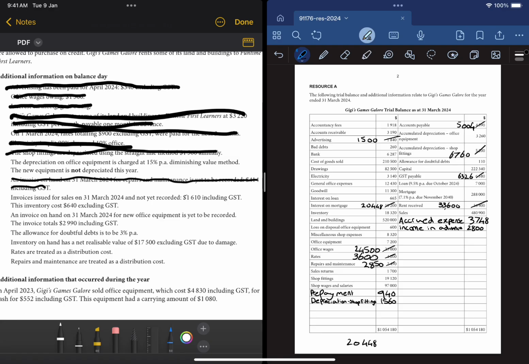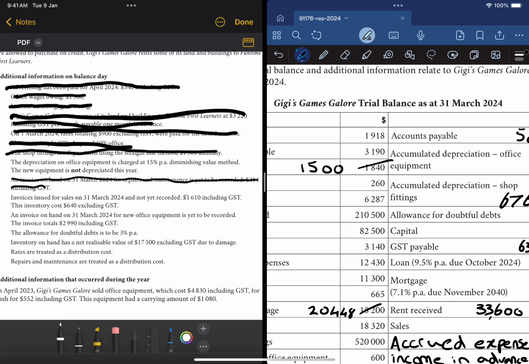Accounts receivable obviously being a debit, we're going to debit a debit, which is going to, sorry, not decrease it, increase it. So 3190 plus 1,610 is going to give us 4,800. So we're going to cross that out there and write in 4,800.